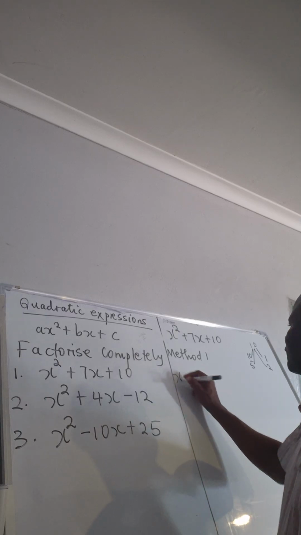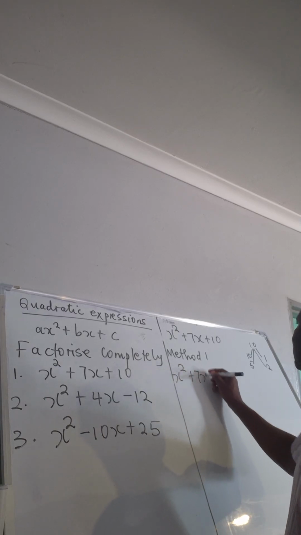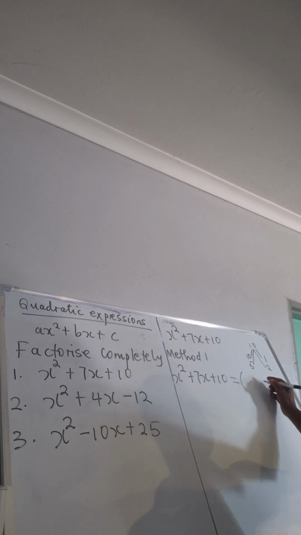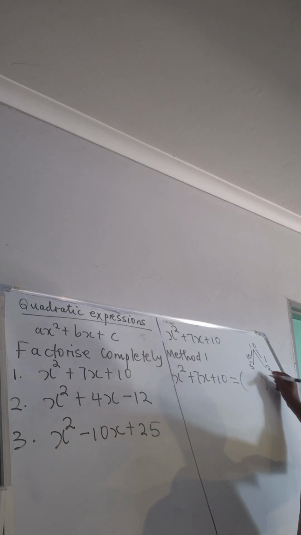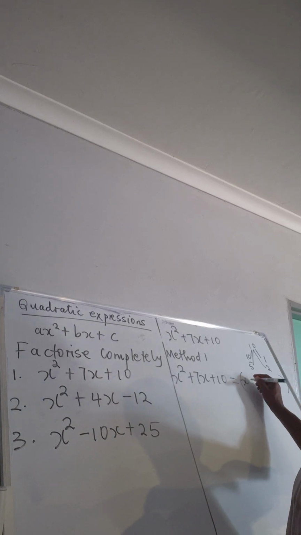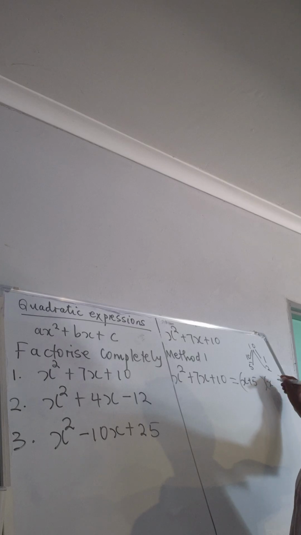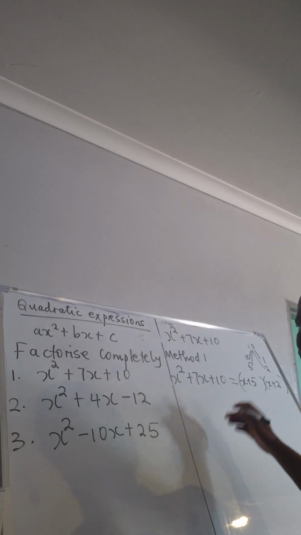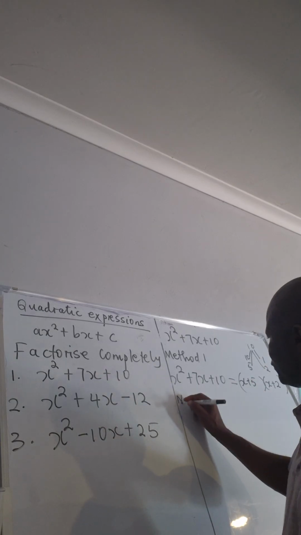So this implies x squared plus 7x plus 10 must be equal to, you just put 2 brackets, x plus 5 times x plus 2. That is your answer, done. No working.